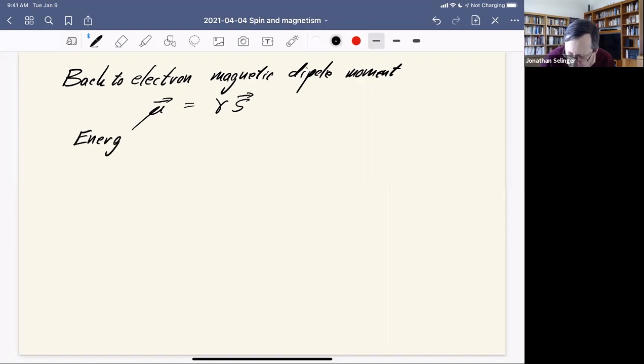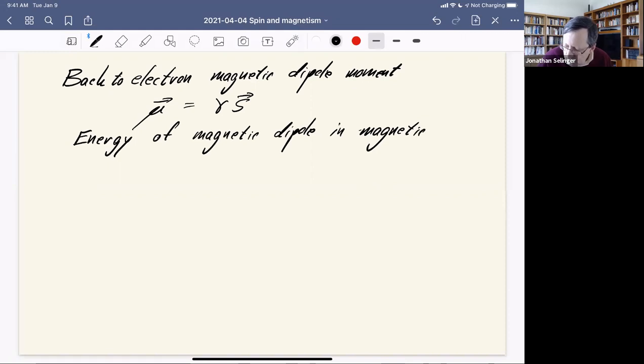So what is the energy of a magnetic dipole in a magnetic field? That gives you a Hamiltonian, which is negative mu dot B.